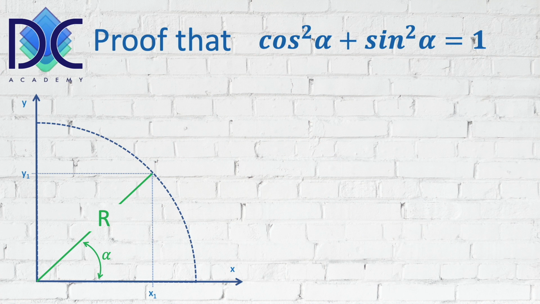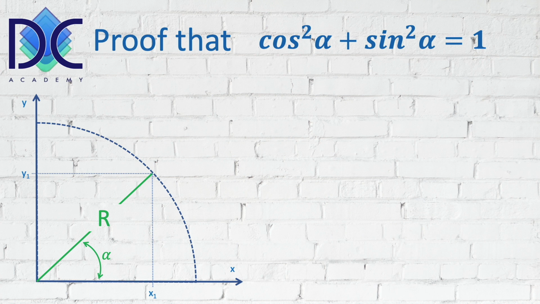We have here what we call a rectangular triangle, and we know that the sum of the corners is equal to 180 degrees. So we know that the angle between the line segment and the y-axis is equal to 90 minus alpha.